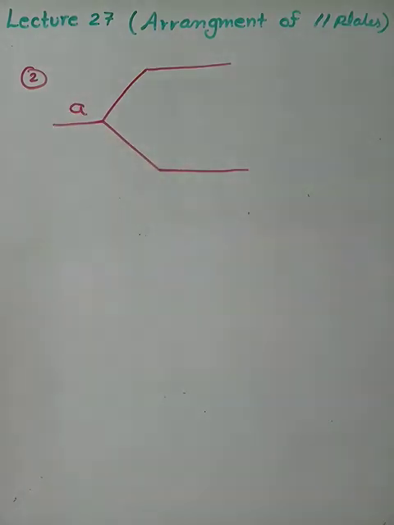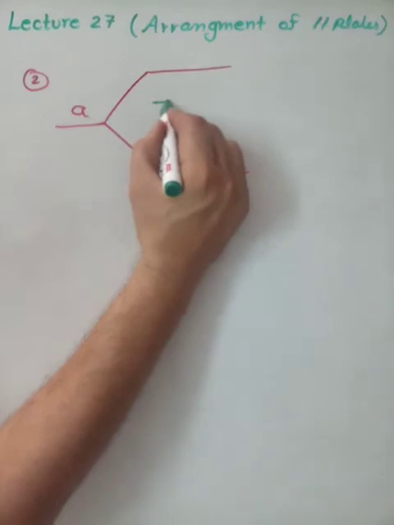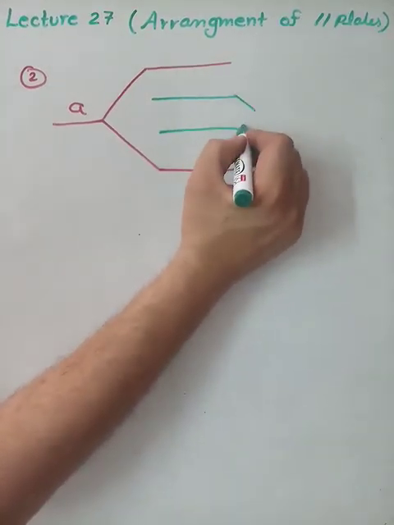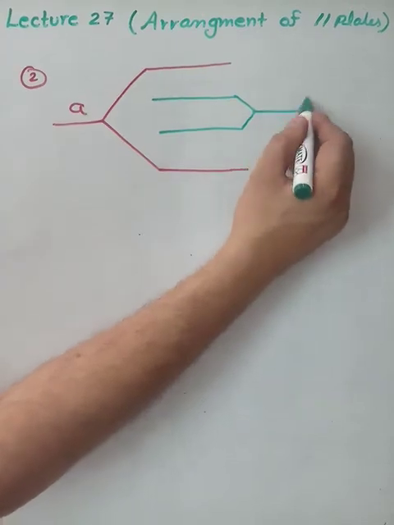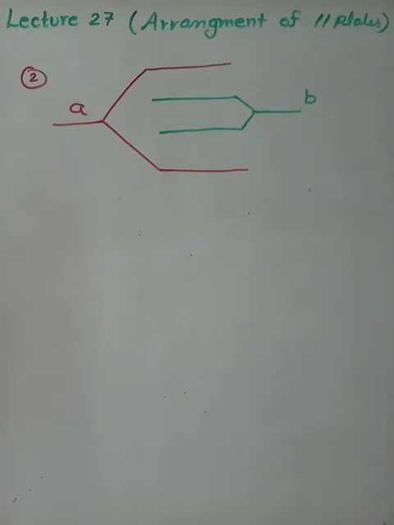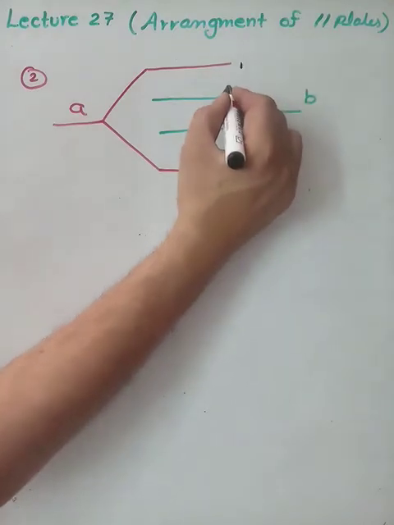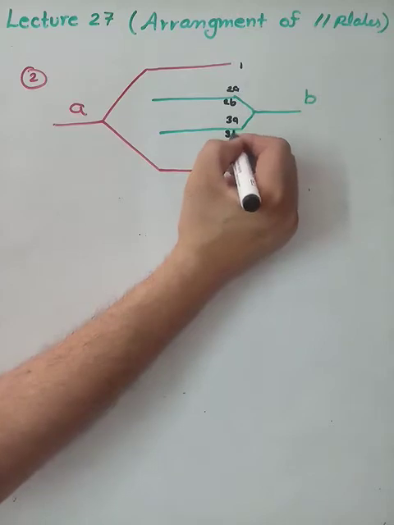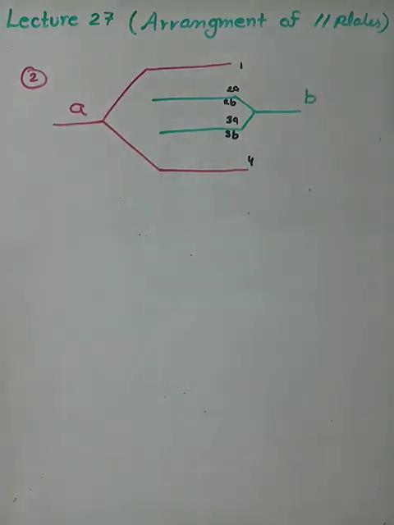This plate is connected with A. This is connected with B. Now we can give the numbers: it is 1, it is 2A, it is 2B, it is 3A, it is 3B, it is 4.